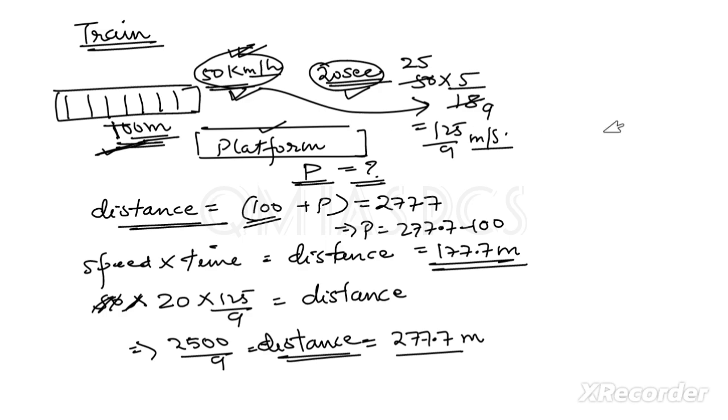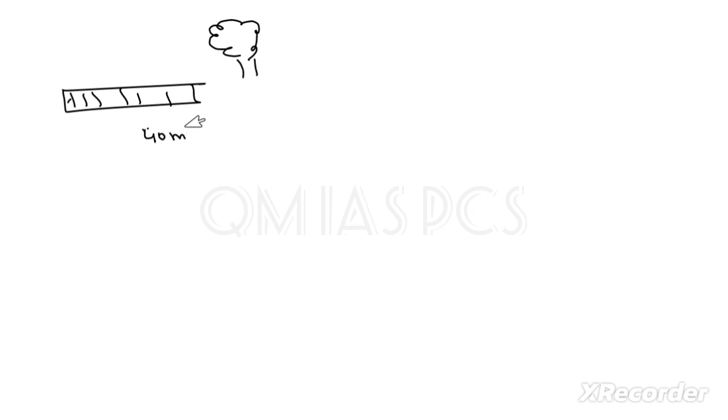So just consider this is a train, and the train is passing some tree, and the speed is given. Let's say speed is given as 40 meter per second, and it is passing that tree in 15 second.